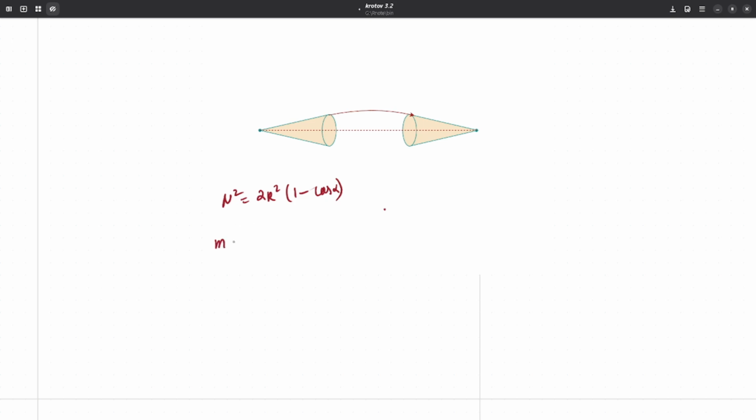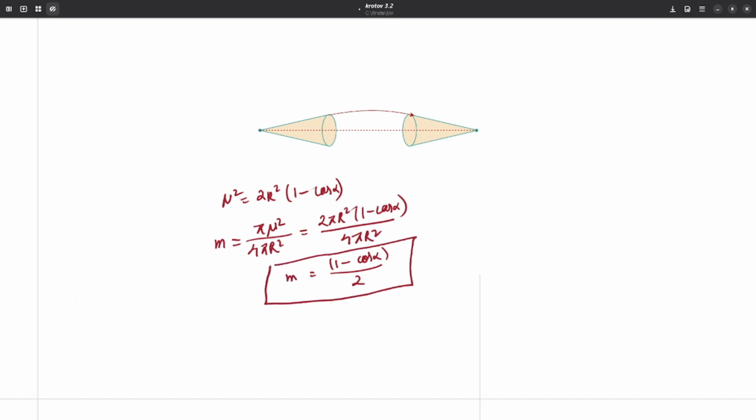So the ratio m is pi mu squared divided by 4 pi r squared. That is twice pi r squared times 1 minus cos alpha divided by 4 pi r squared, which gives us 1 minus cos alpha divided by 2. This is the ratio m.